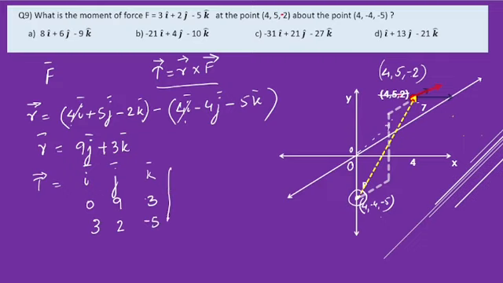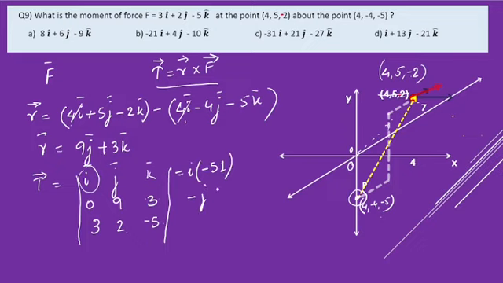So we just need to find the value of this. We take i as a constant here: 9 into minus 5 is minus 45, and minus 3 into 2 is minus 6, so this becomes minus 51 i.